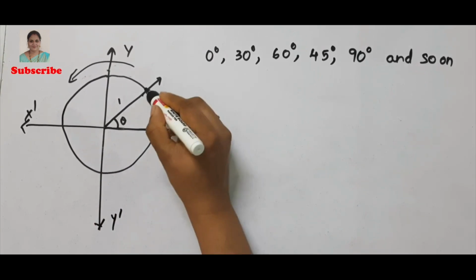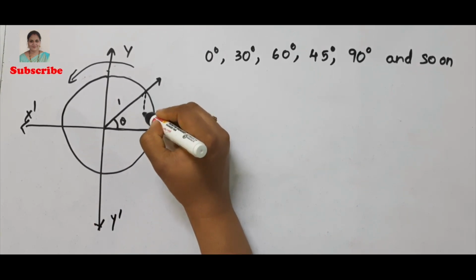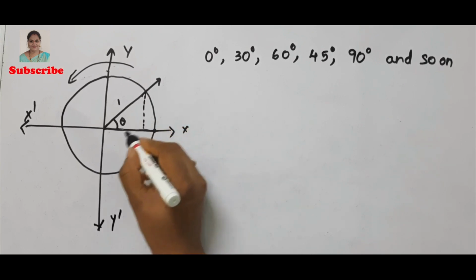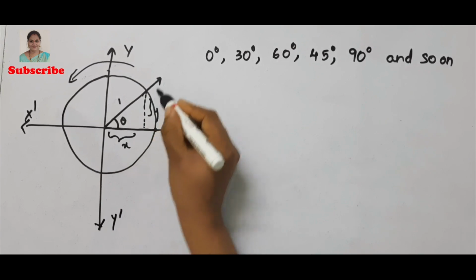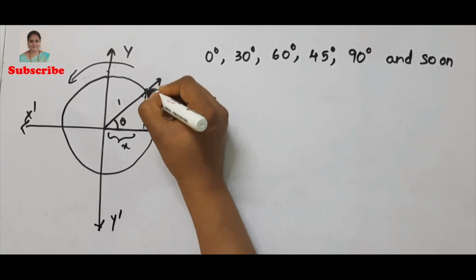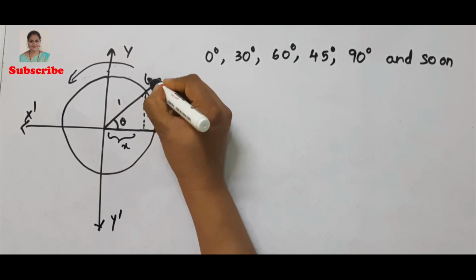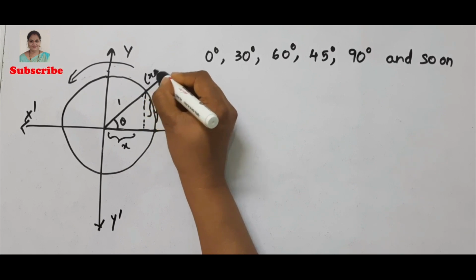Now the point here, if you draw a perpendicular from here to here, let this be x and this be y. Then this point is nothing but the ordered pair x comma y.